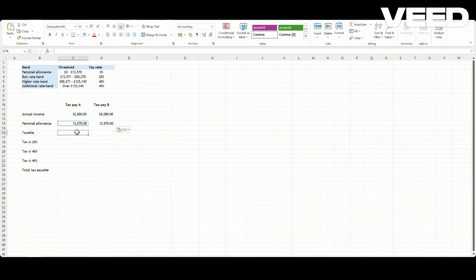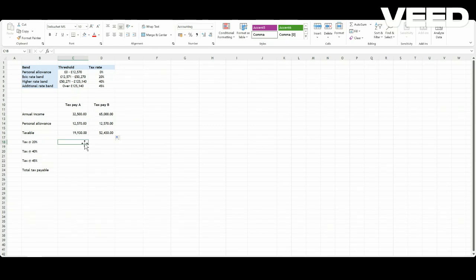And then we calculate our taxable income, whereby we take the annual income less the personal allowance to give us our taxable income. As you can see here, taxpayer A's income falls within the basic rate band, which is 12,570 to 50,270, at a 20% rate.